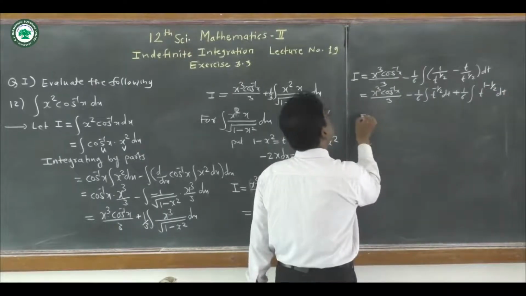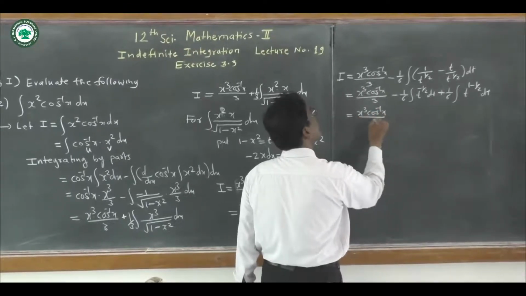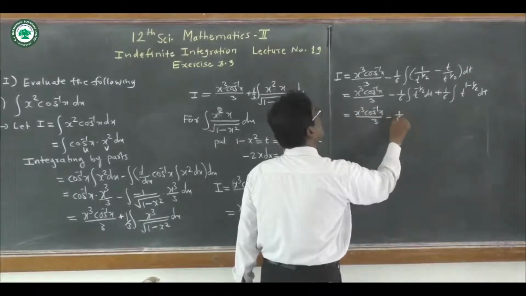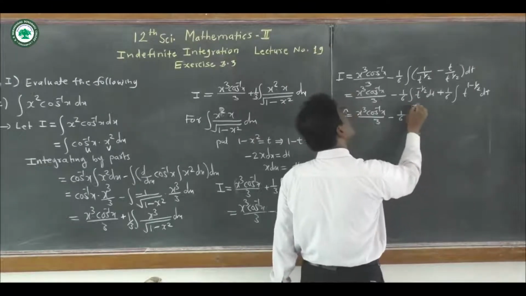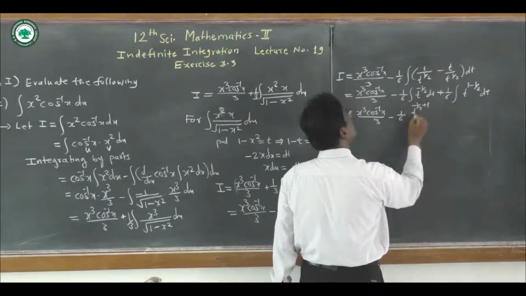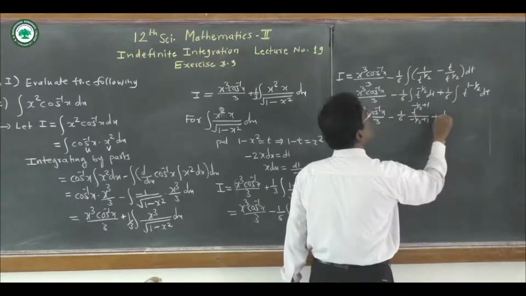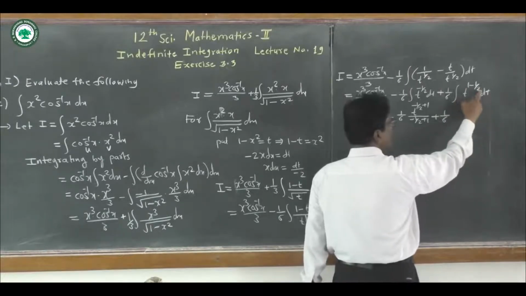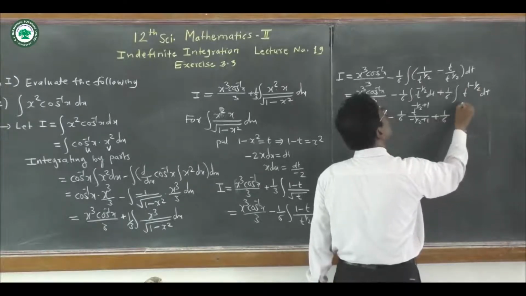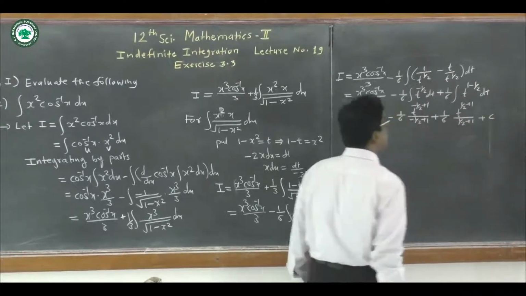And so we get here x cube into cos inverse of x divided by 3 minus 1 upon 6. Integration of t to the power minus 1 half is t to the power minus 1 half plus 1 divided by this minus 1 half plus 1. Plus here 1 upon 6 integration of here t to the power 1 minus 1 half, that is 1 half. So t to the power 1 half plus 1 divided by 1 half plus 1 and plus constant of integration c.